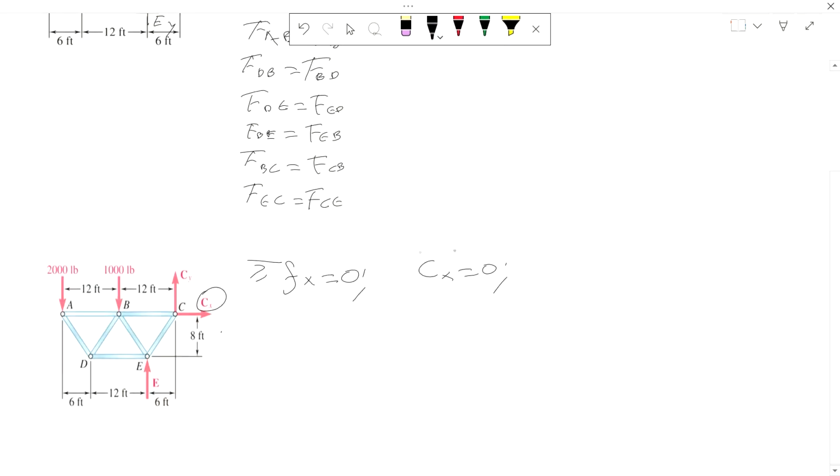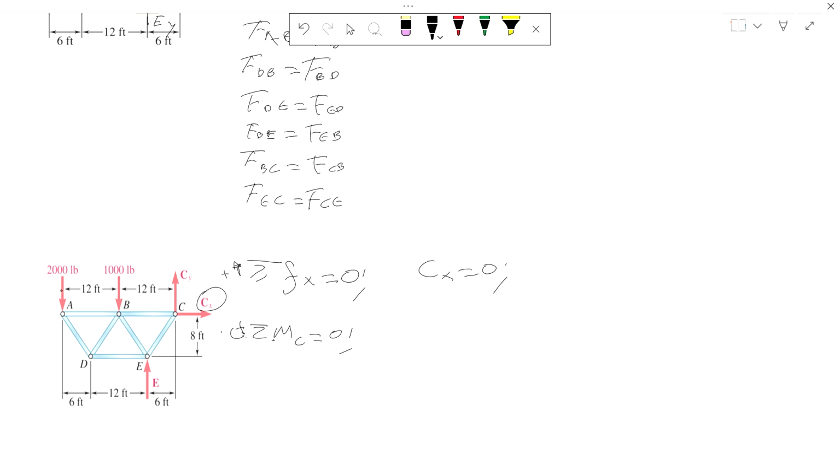Then if we do a moment around C, we can cancel Cy and Cx and find E. So summation of moments around C. Remember, in Y was positive going up, and moments around C is positive counterclockwise. Summation of moments around C equals 0.